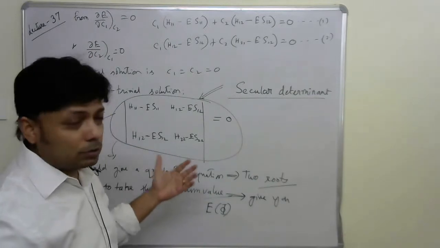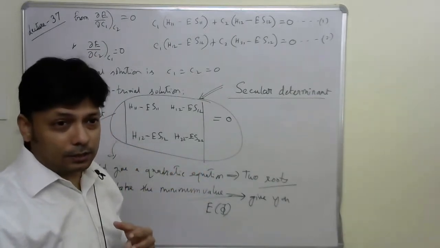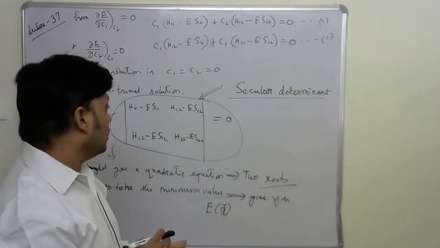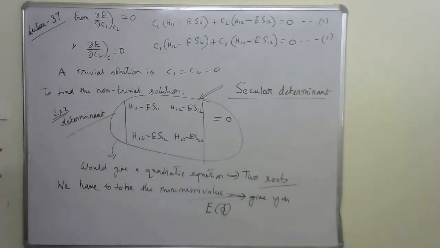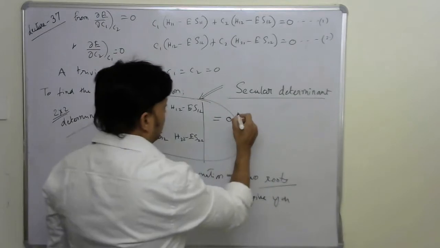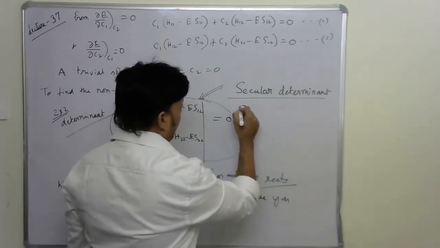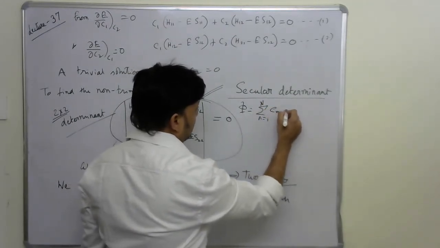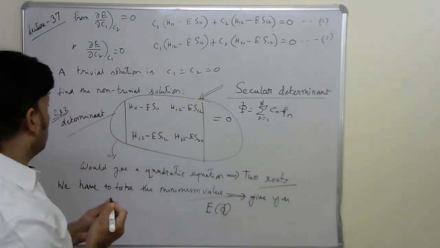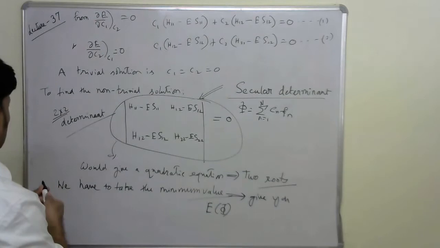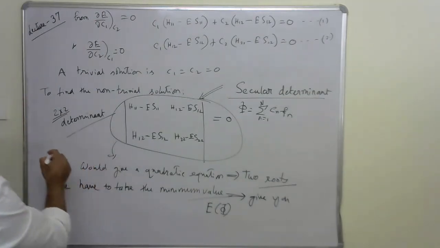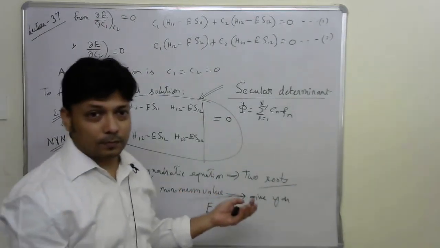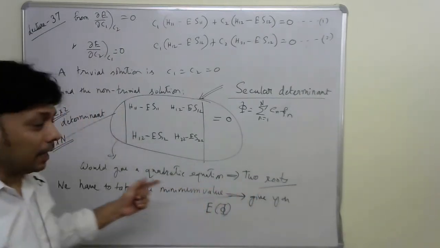Remember, we have chosen the trial function as a linear combination of some acceptable wave functions like C1 F1 plus C2 F2, and more generally, if we choose the trial function phi as the sum over n of Cn Fn, then instead of a 2 cross 2 determinant, we have an n by n determinant, because we have n numbers. So how to solve an n by n determinant?